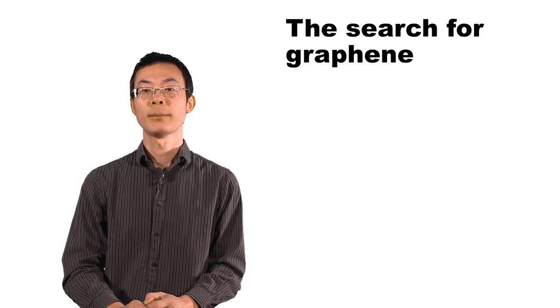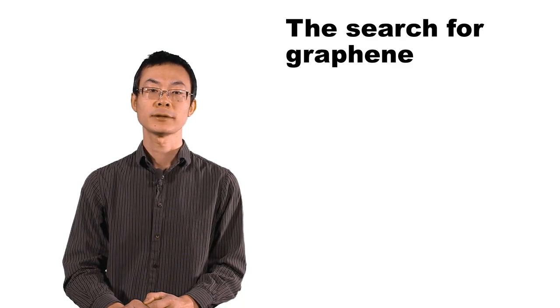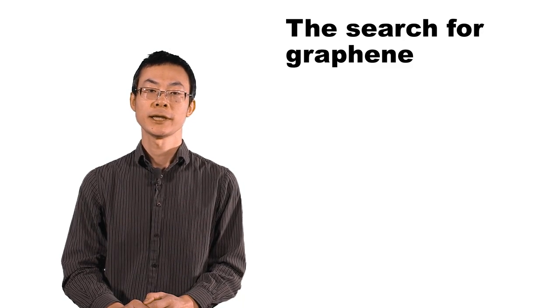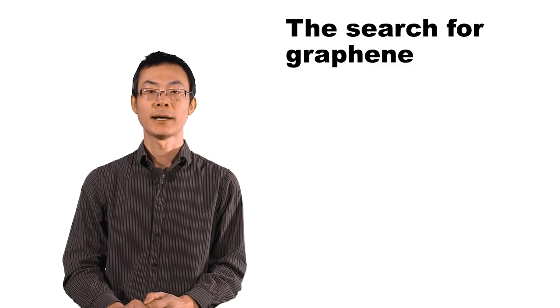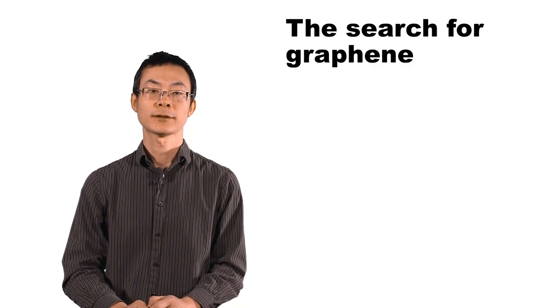They were driven by the idea to observe the electric field effect in metals, which meant they wanted to change the conductivity by applying an electric field to adjust the electron density.